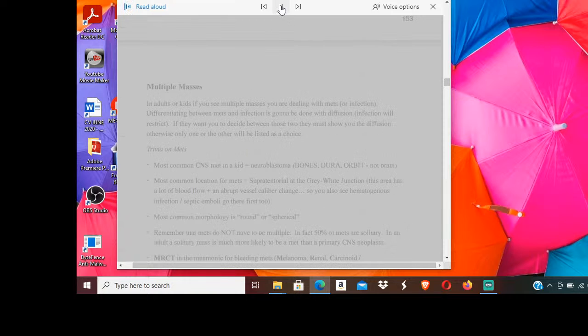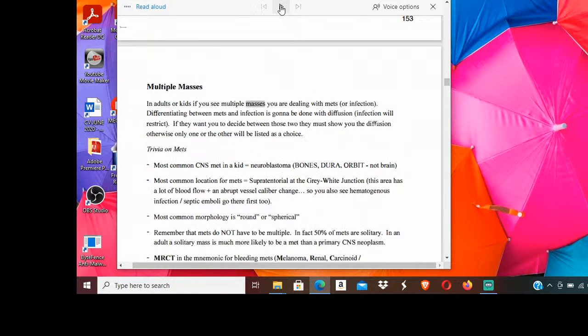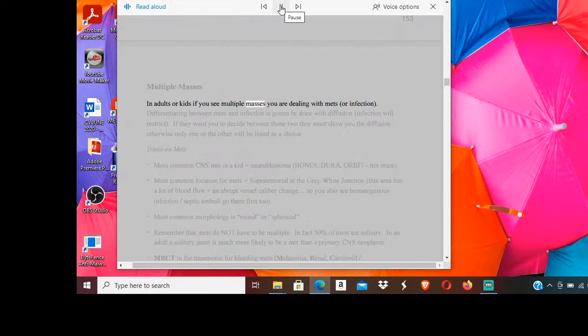153. Multiple masses. In adults or kids, if you see multiple masses, you are dealing with Mets or infection.